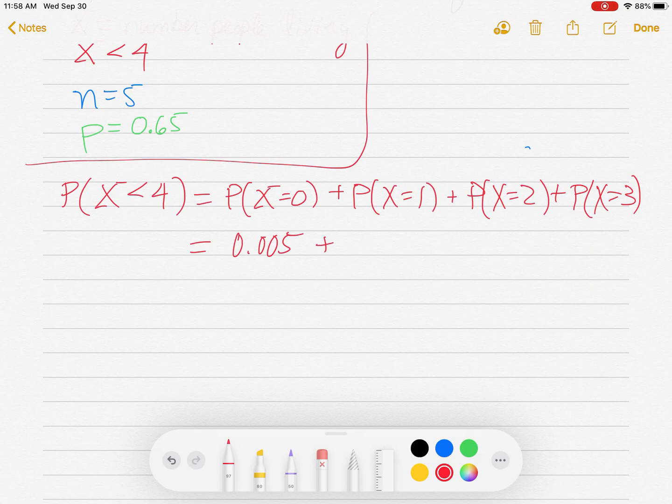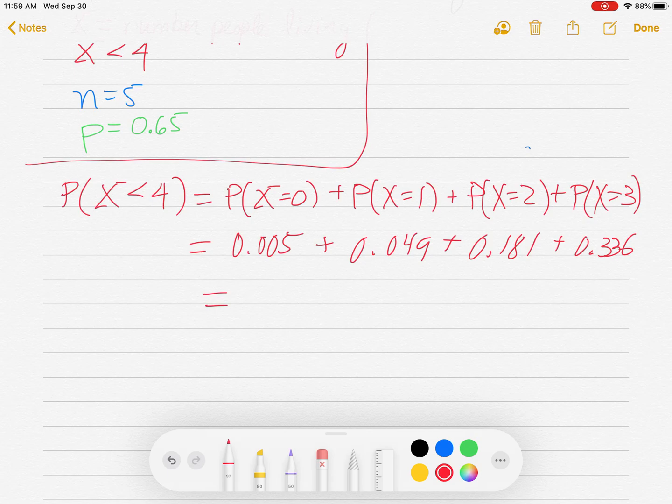I'm going to scroll back to my other screen and write them in. So we got 0.005 for 0 people alive. For 1 person alive, 0.049. For 2 people alive, you got 0.181. And for 3 people alive, 0.336. I think that's one we looked up earlier.